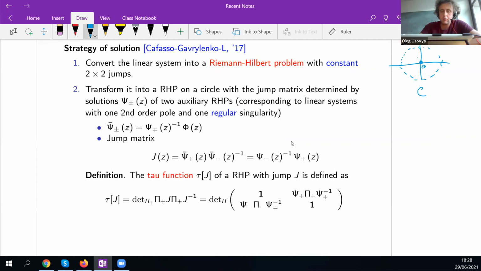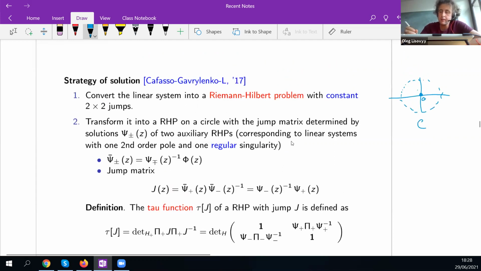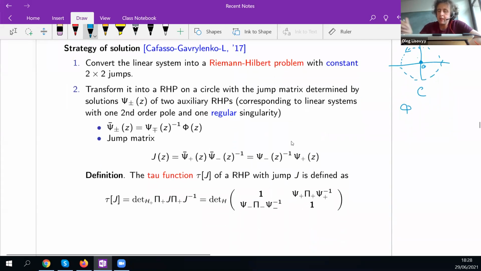Because, well, we have these irregular singularities, our fundamental solution, phi, will have a certain monodromy along this circle, right? So now we can try to model the behavior of the actual fundamental solution at infinity and at 0 using two auxiliary linear systems which we can actually solve.